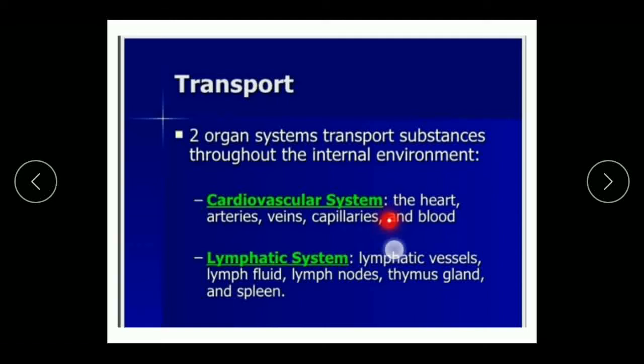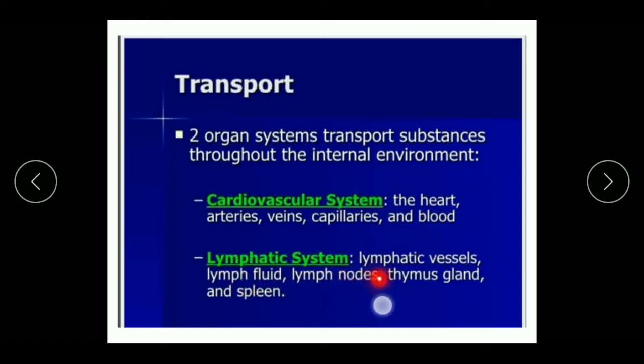Based on function, arteries carry oxygenated blood except the pulmonary arteries. Veins carry deoxygenated blood except the pulmonary veins. Capillaries are the narrow blood vessels that transport blood between the vessels and the tissues.